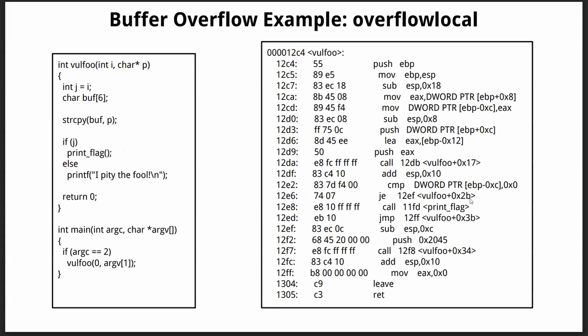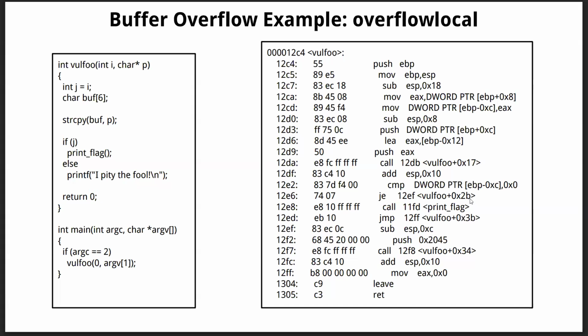Most of the vulnerable functions in this class, I just name vol-foo. So when you try to hack in the midterm or final, look for that function, because intentionally I embed the vulnerabilities there. Okay. We have a main function that checks whether there are two arguments, which means it takes one string as an argument. Then it will call vol-foo.